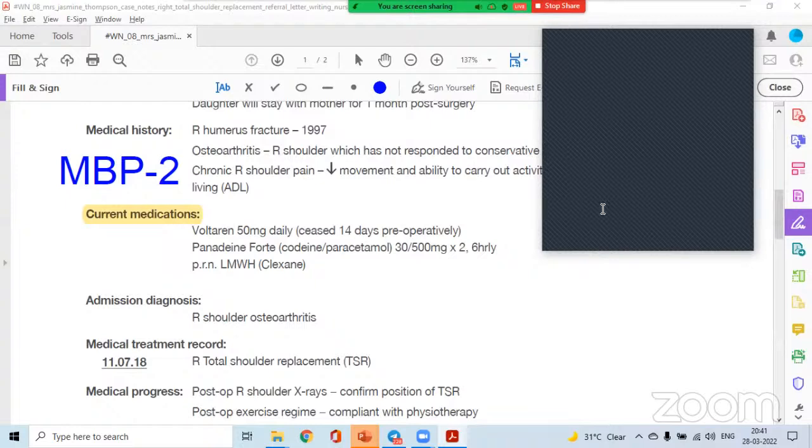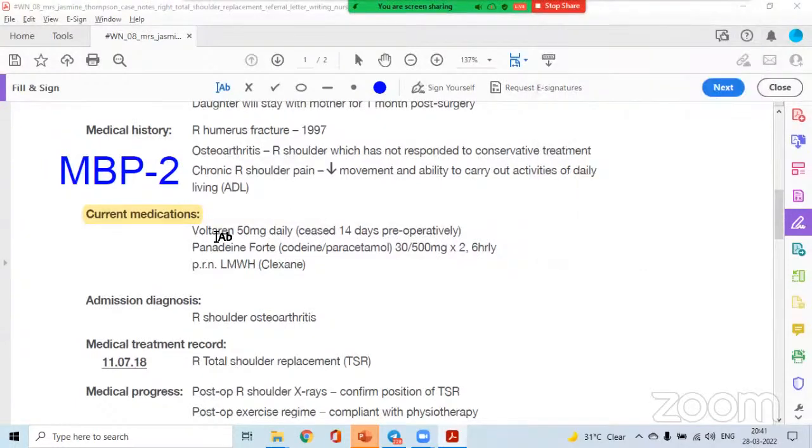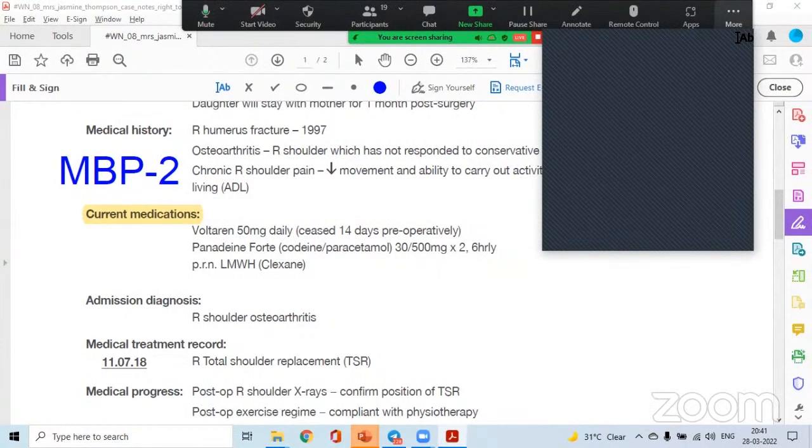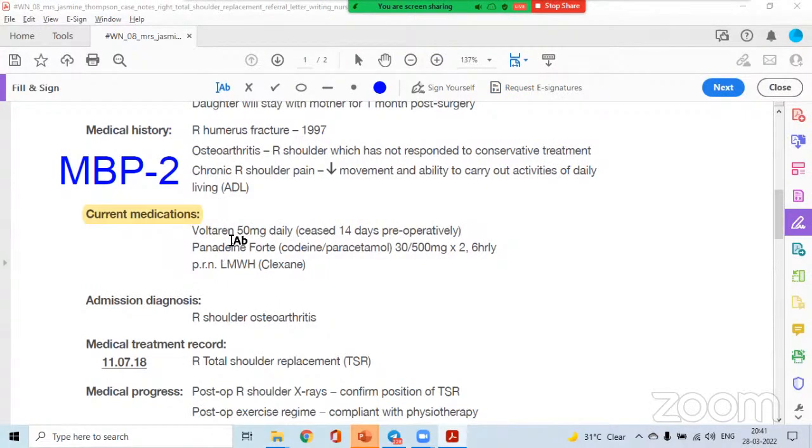Yes, very good. To manage pain, pain relief. You have to use these things very carefully.